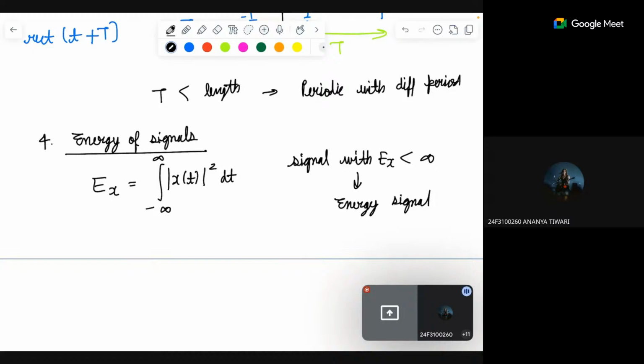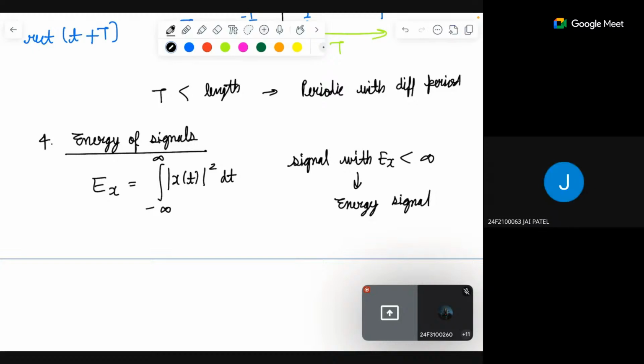In this graph we have t and x(t). So how, after taking the area of x(t), are we getting energy? We are not taking the area of x(t). We are taking the magnitude of x(t), then squaring it and integrating from minus infinity to infinity. What's the relation that I didn't get?